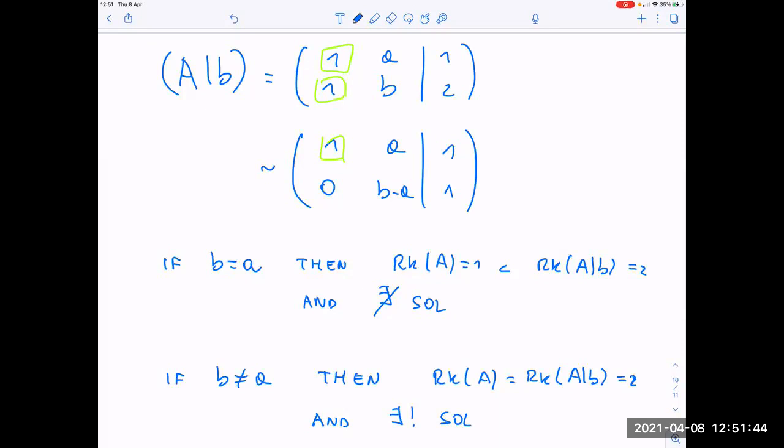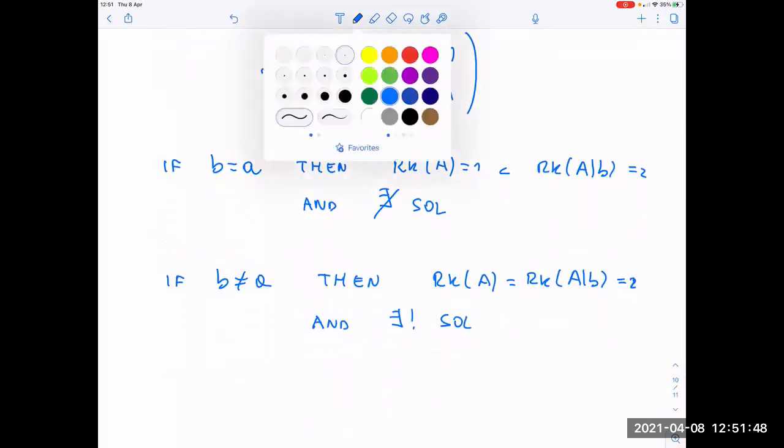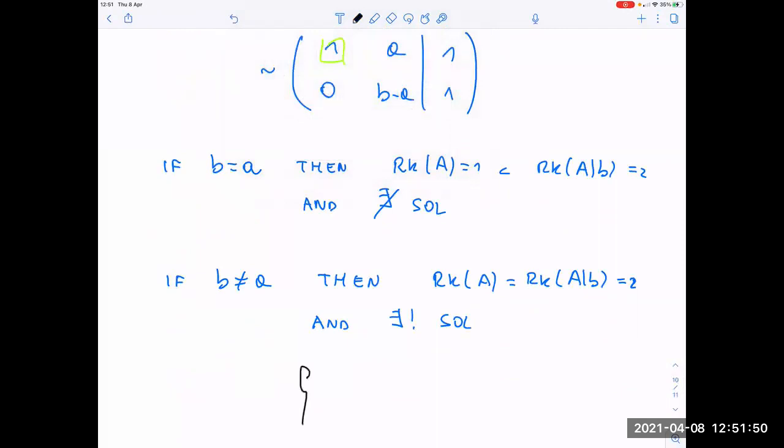In this case, it is pretty easy to see what the solutions are, because you have the equation x plus a y equals 1, and the second equation tells you what y is, 1 over b minus a. Then you substitute here, and you compute the value of x.